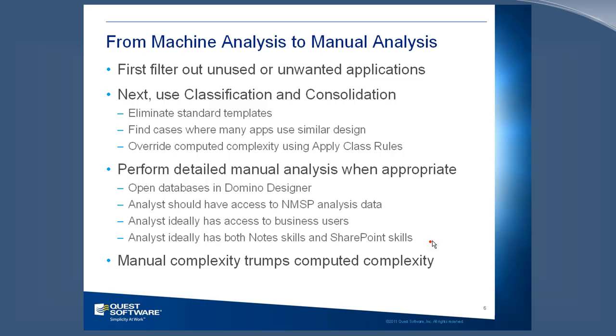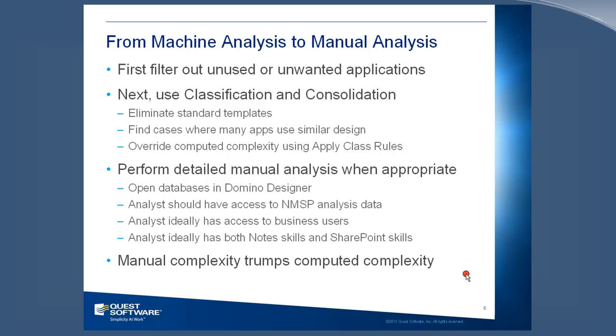Now, I guess the whole theme of our tool, and how we deal with analysis, is that the manual complexity analysis trumps the computed complexity. So as you go in and assign complexity based on a technical class, or manually set the complexity based on a manual analysis, and you record those in our tool, those will override the computed complexity in all the reports.